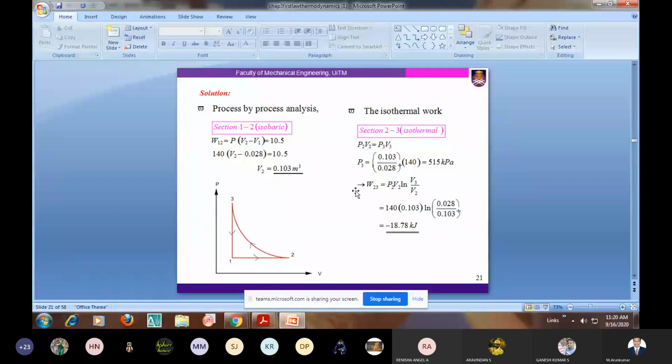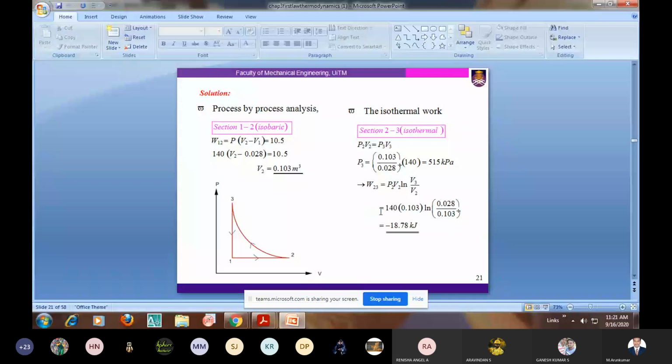Also, we can calculate the work done, W, for the process 2 to 3. So we know the equation, W is equal to PV ln V2 by V1. Here we have the 2 to 3 process, so we just write the equation accordingly, the final state by the initial state.